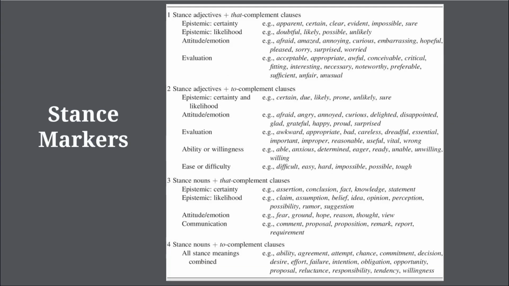Now, these next two slides show stance markers, words and phrases that you can use to express stances. This first one gives you ideas of how to express your stance using adjective plus clauses that begin with that. For instance, it is apparent that, it is certain that, it is acceptable that. And you also have stance adjective plus to, and stance nouns plus that clauses, or stance nouns plus to complement clauses.